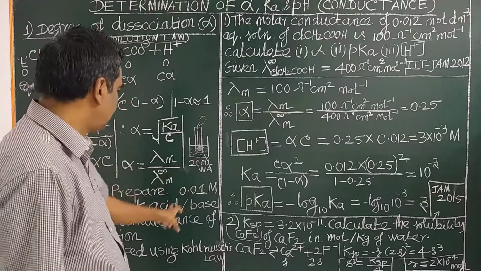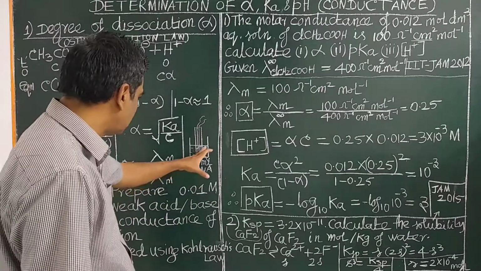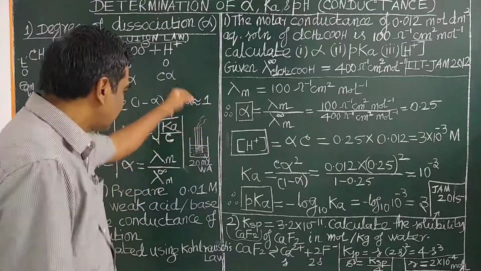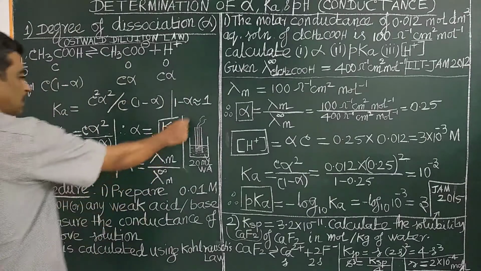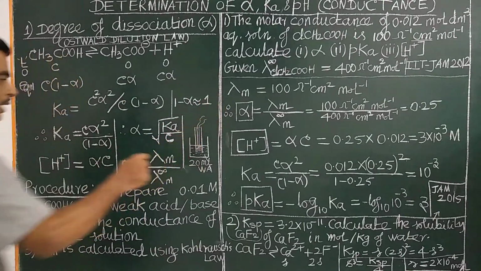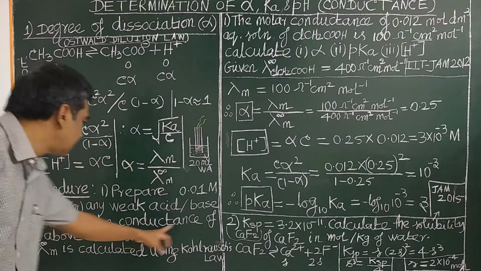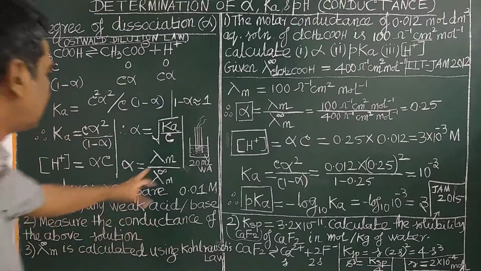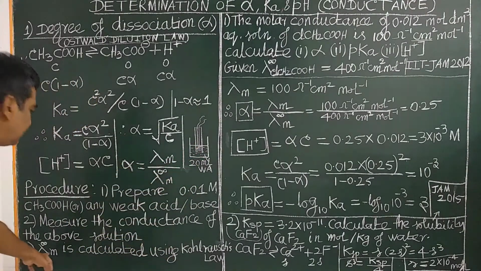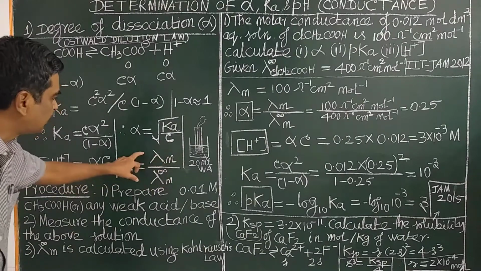Take the weak acid or weak electrolyte solution in the beaker and place the conductivity cell, connect it to the conductivity bridge. Measure the conductance of the solution. Second step: you have measured the conductance, lambda m.